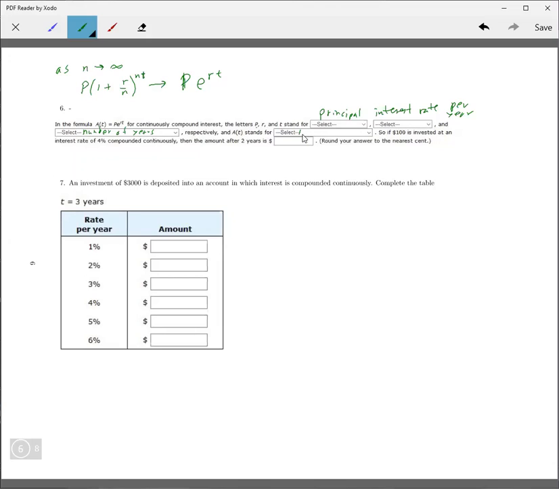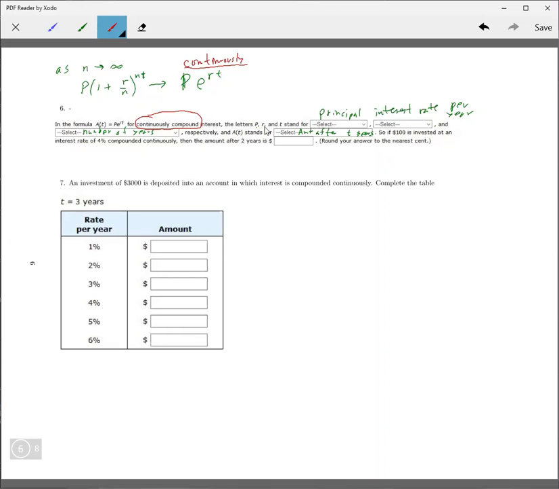A of T is the amount after T years. And this is called continuously compounded interest. Okay, continuously. So this one is n compoundings per year, and this one is continuously compounded.